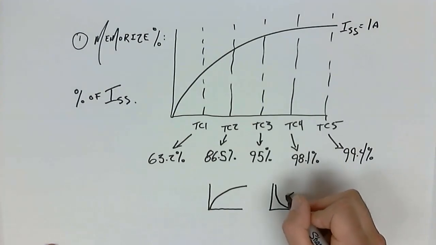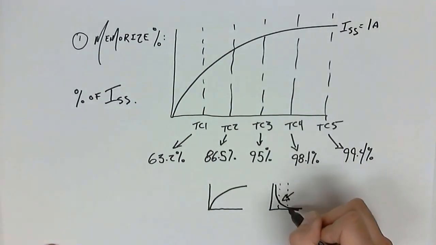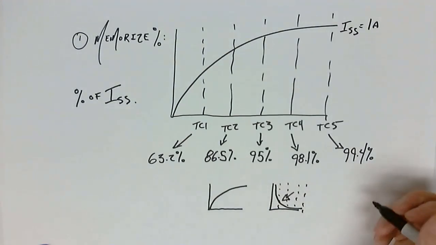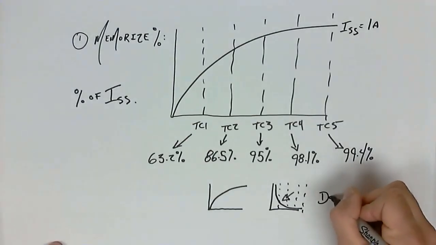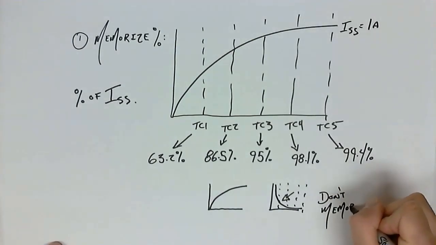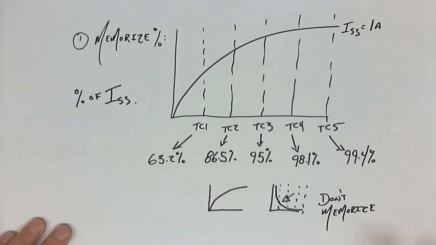And these percentages for the 5 time constants will be different. And so for that sake alone, I would say don't simply memorize, because it's going to add anguish to your life, and that's not what I'm here for. So that would be the first method that we could utilize.